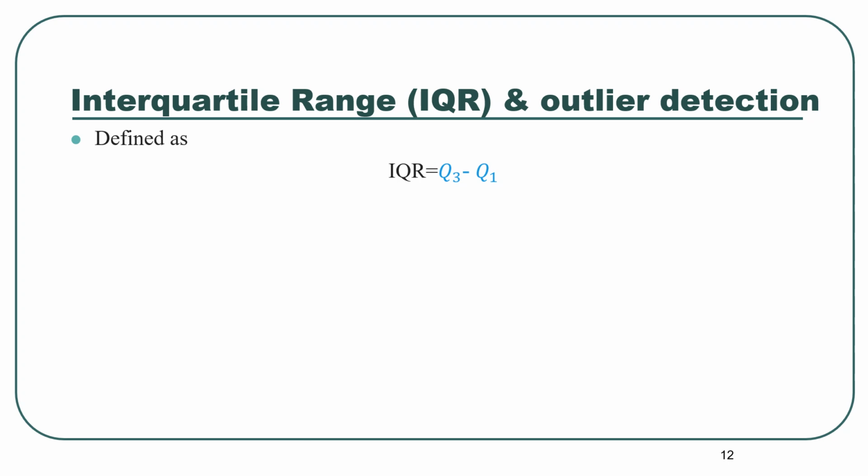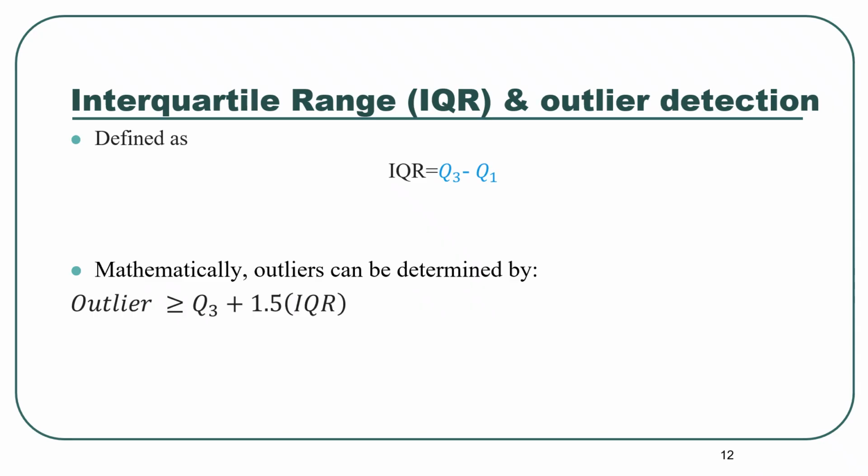But how can we use the interquartile range to detect the outlier? So mathematically, outliers can be determined by the following rules. If an observation was greater than Q3, your third quartile, plus 1.5 times the interquartile range, then it would be considered an outlier.